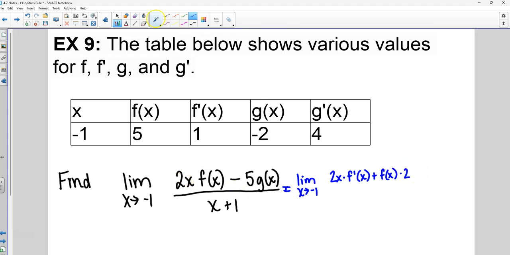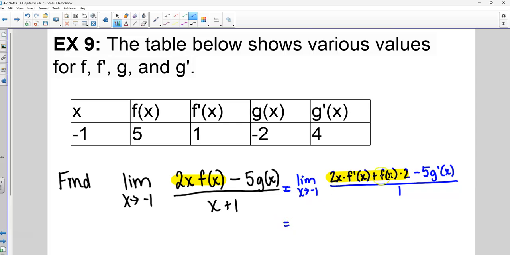Now that right there is the derivative of this, but you must also do the derivative of 5g of x. 5 is just a coefficient, though. We don't need a product rule here. So we're going to have minus 5g prime of x all over the derivative of the bottom, which is just 1.